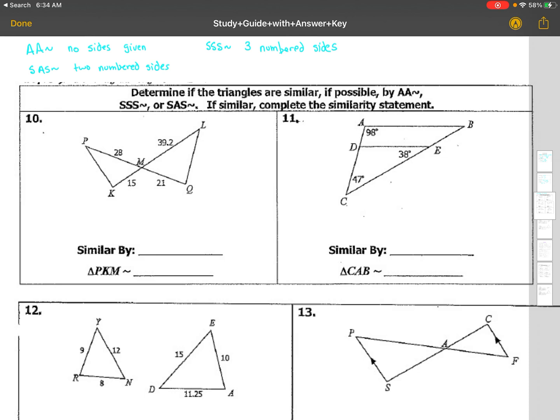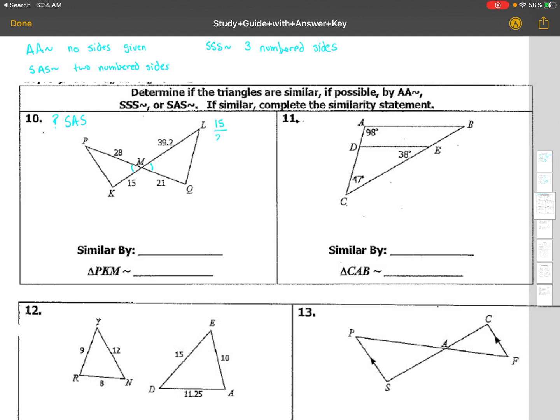So for number 10, we have 2 labeled sides in one triangle. So we're going to check for possible side angle side similarity. We already have our congruent angles because we have vertical angles. And then the 2 possible proportional sides make the angles.